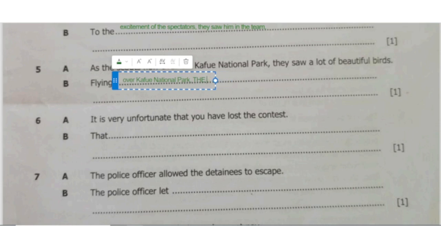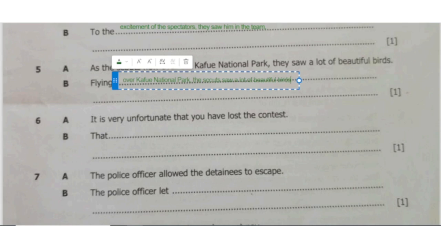So what is happening? The scouts saw a lot of beautiful birds.